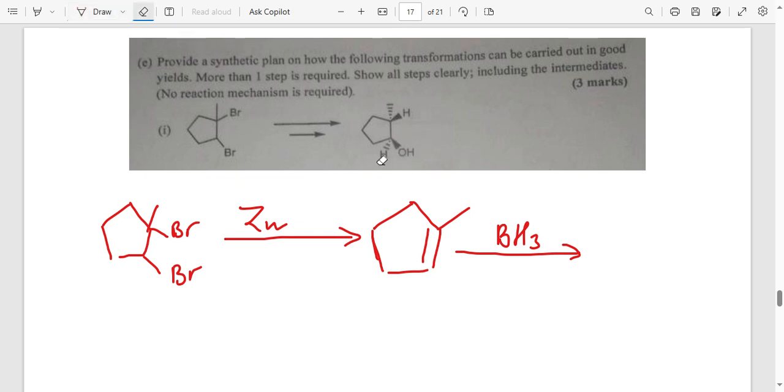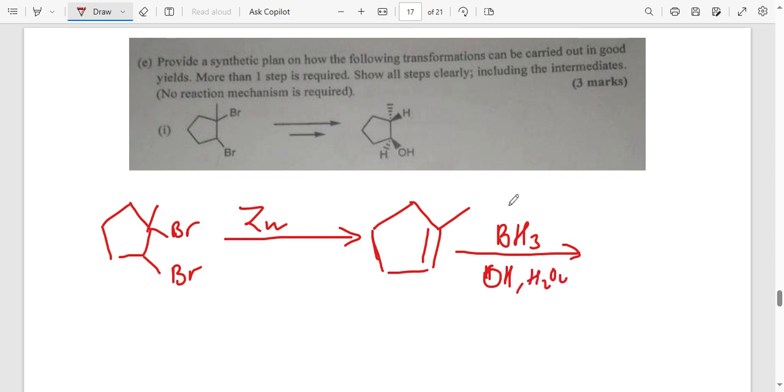It will go and attach at the other point. So what you are going to use is BH3 with a hydroxide, and this is going to happen also in the presence of sulfuric acid.